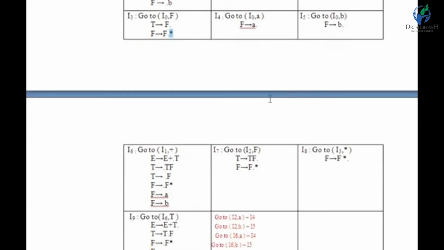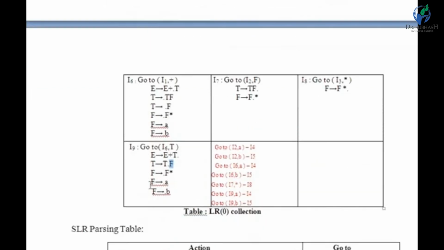So next move to I6, I6 to T. So your productions are E gives E plus T dot, T gives T dot F. Here after the dot you have a non-terminal, so use its productions.